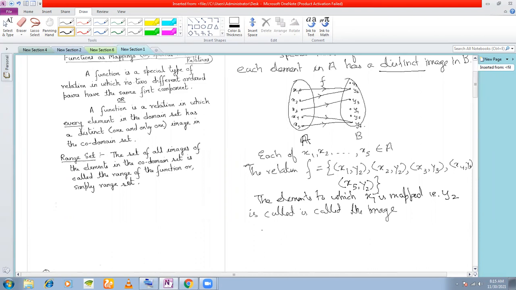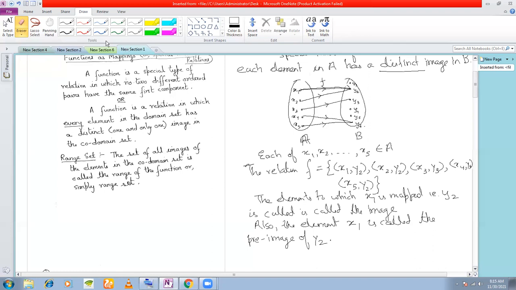Also, what you must know is that the element X1 is called the pre-image of Y2. Okay. So X1 has an image Y2, and it's called the pre-image.